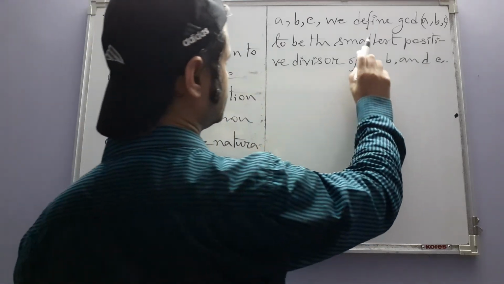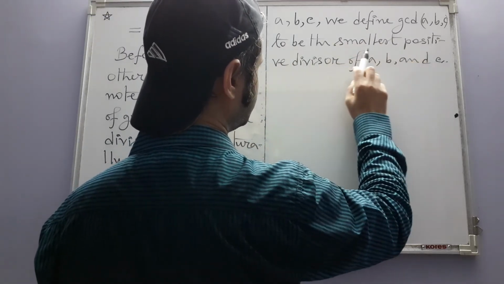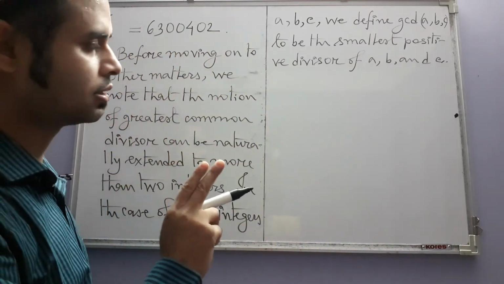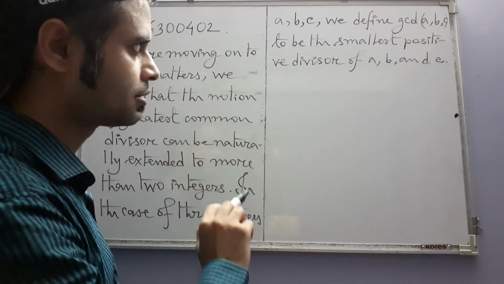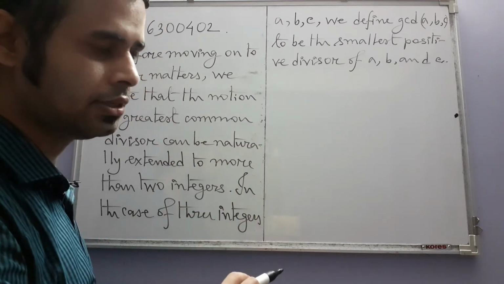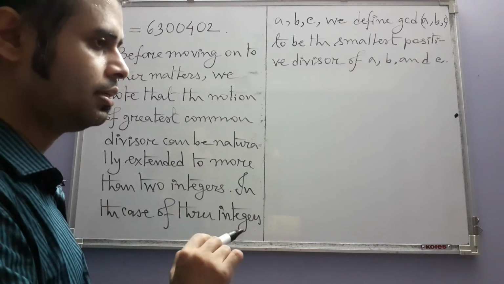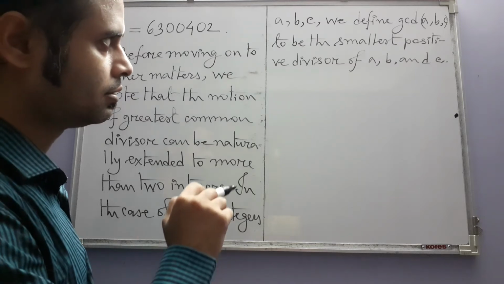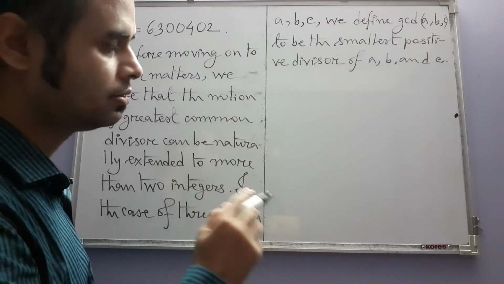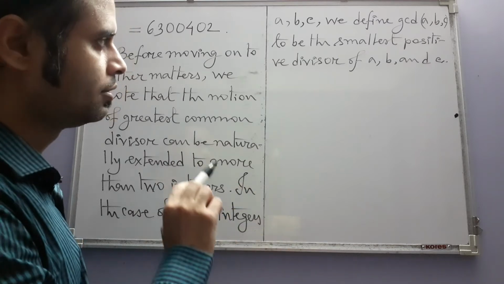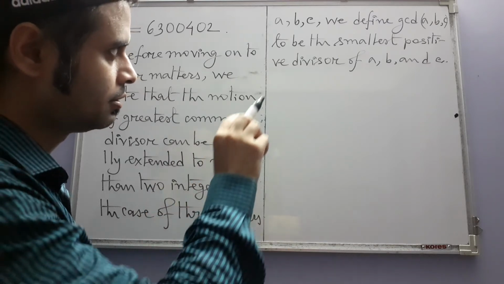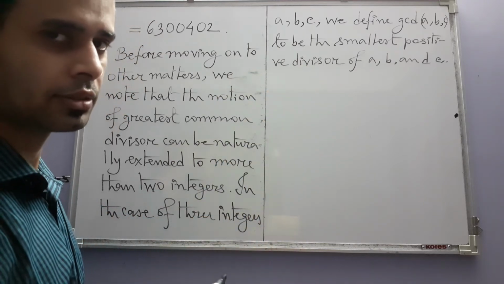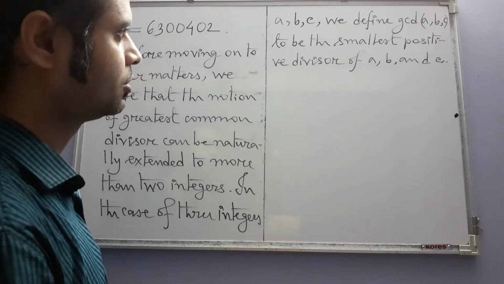He writes: define GCD of A, B, C to be a positive integer satisfying these two conditions: that it divides A, B and C, and if you have any other positive common divisor of A, B and C, say E, that divides A, B and C and E is positive, then this integer has to be greater than or equal to E. That is, it's the greatest among all positive common divisors.